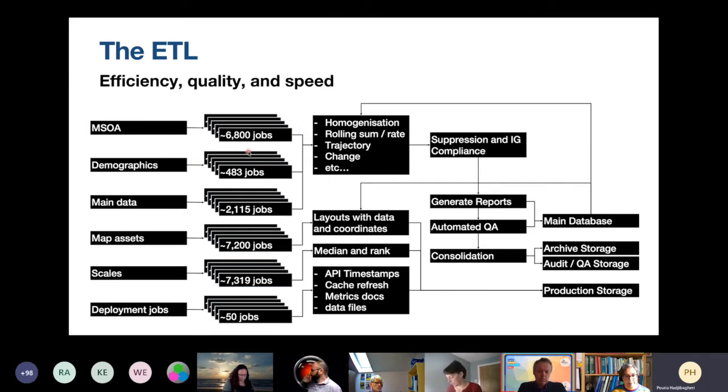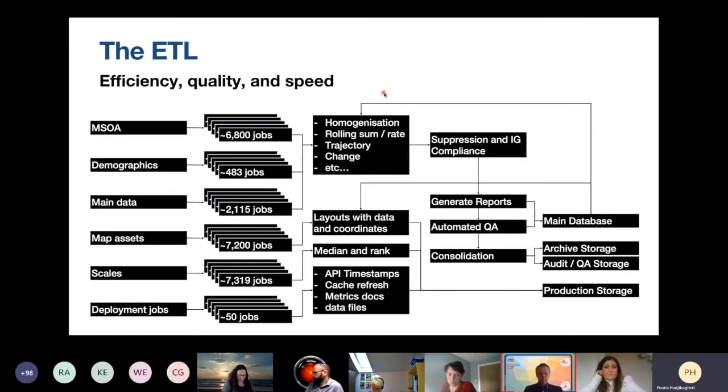And then we do a whole lot of things. So we calculate what we call derivative metrics, so rolling sum, rolling rate, trajectories, change, and things like that. We take care of what needs to be suppressed. So in the case of MSOA data, we suppress the data at a specific threshold, that being anything that is below 2, the rolling sum being below 2.